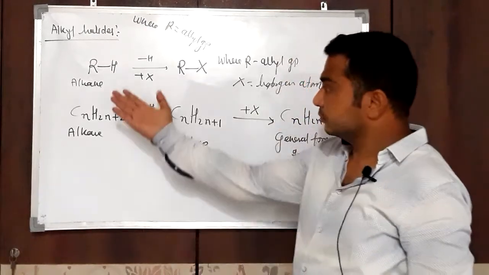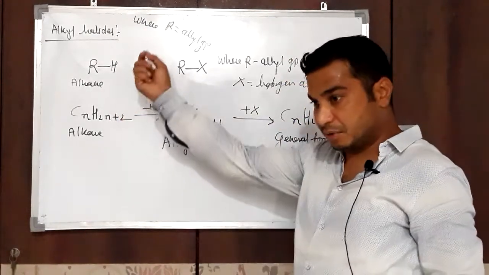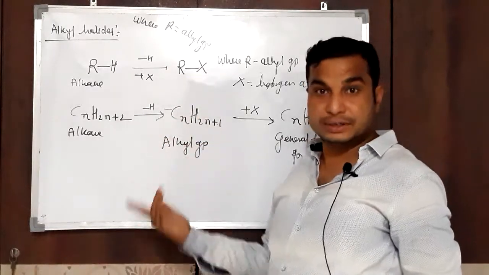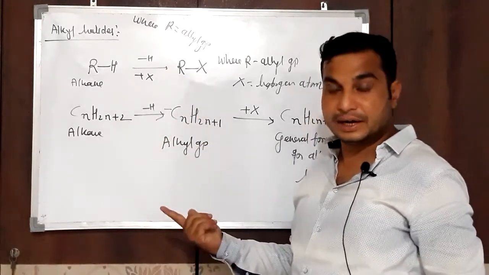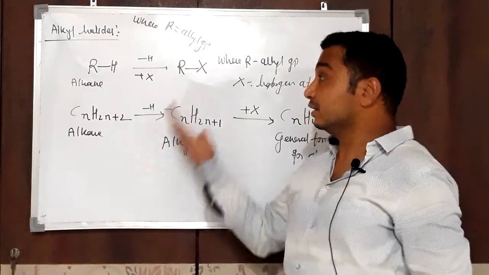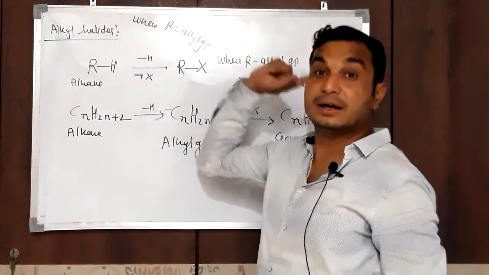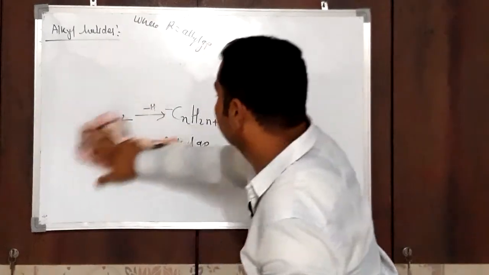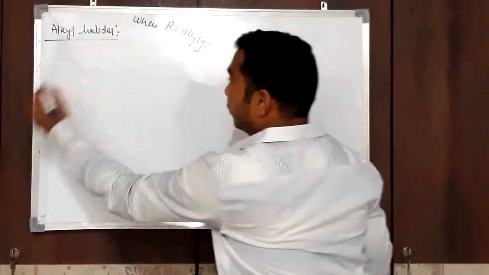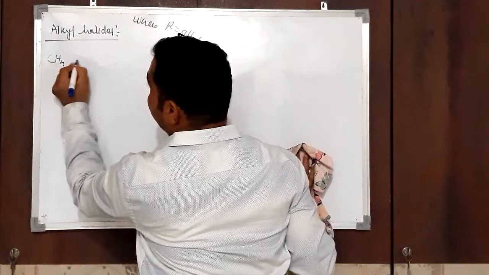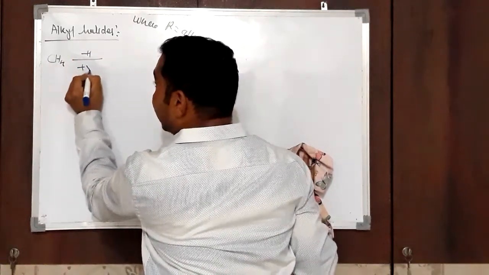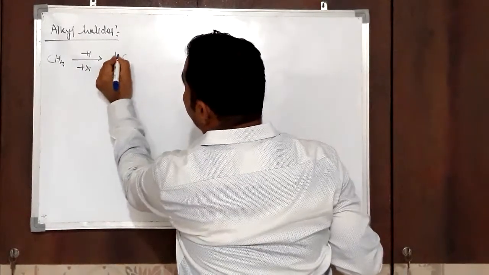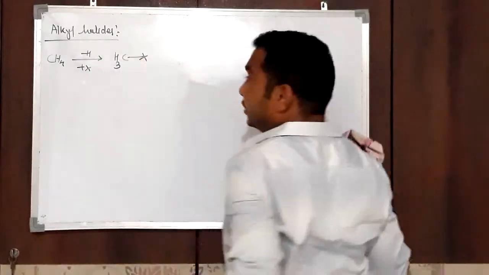Now take alkanes one by one, and from each alkane remove one hydrogen atom and replace it by one halogen atom; the resulting compound is called an alkyl halide. For example, methyl halide: from methane remove one hydrogen by a halogen, which may be chlorine, bromine or iodine, and we get CH3X, methyl halide.